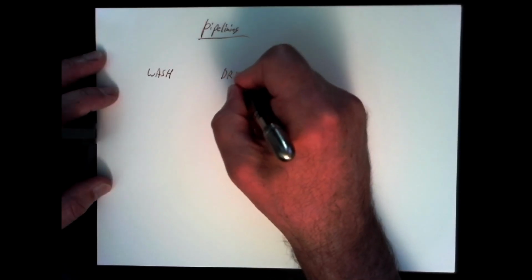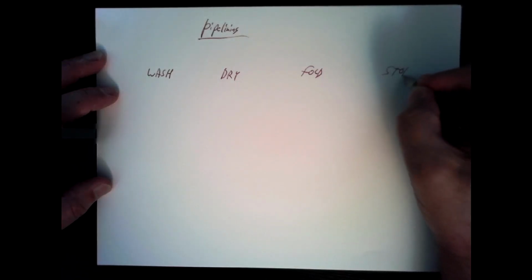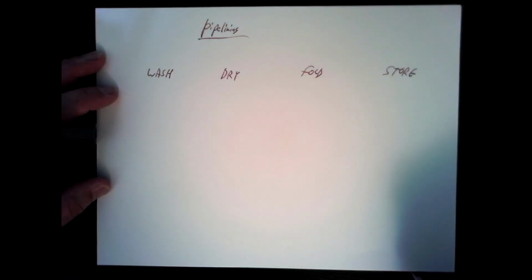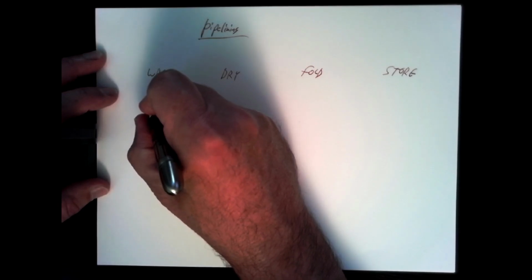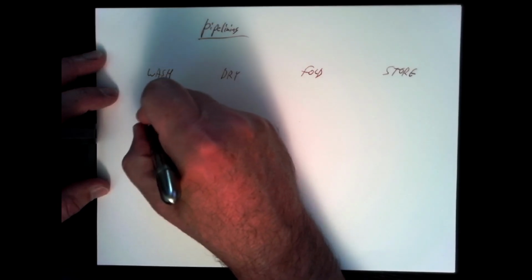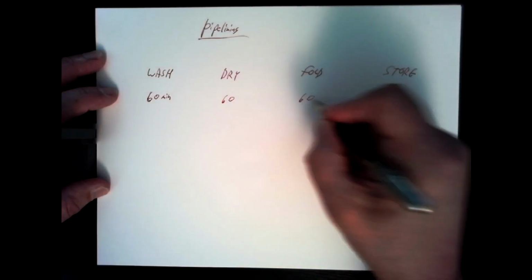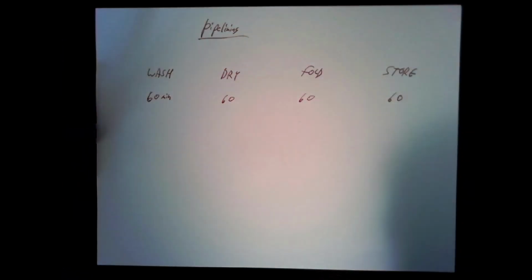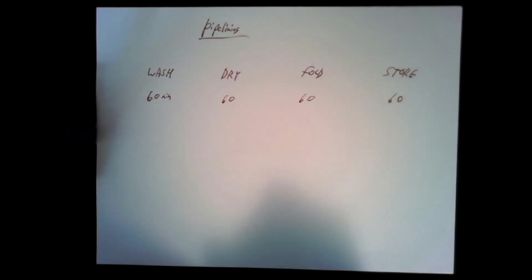So you put them in a washing machine, and then you put them in a dryer, and then you fold them, and then you store them in your closet. And for simplicity, let's suppose it takes 1 hour, so 60 minutes. I don't think it takes most of us 60 minutes to put our clothes away, but for the sake of simplicity, let's suppose each of these stages takes 60 minutes.